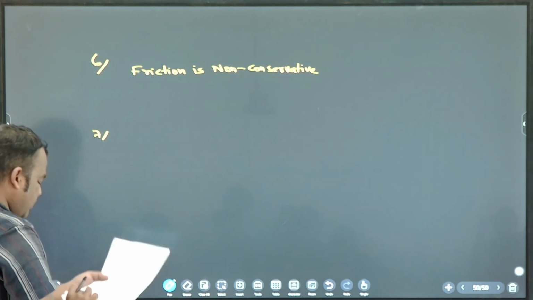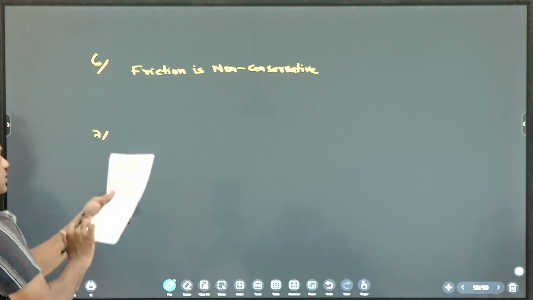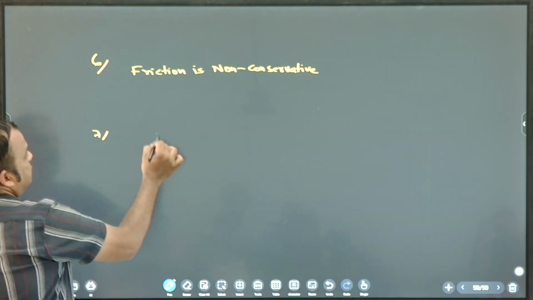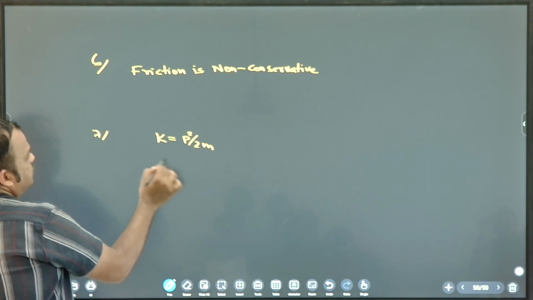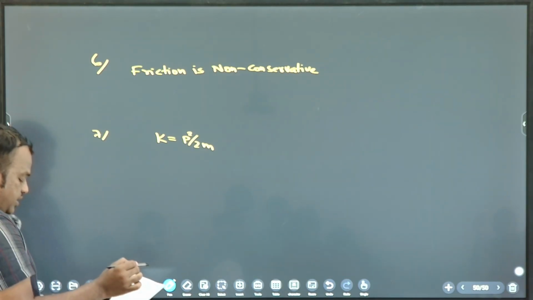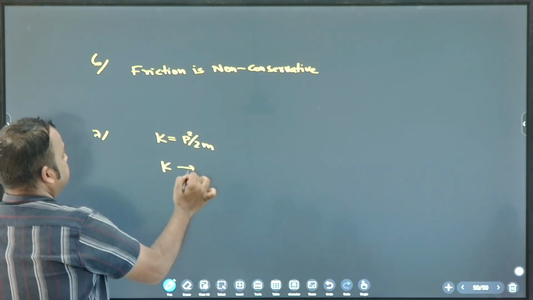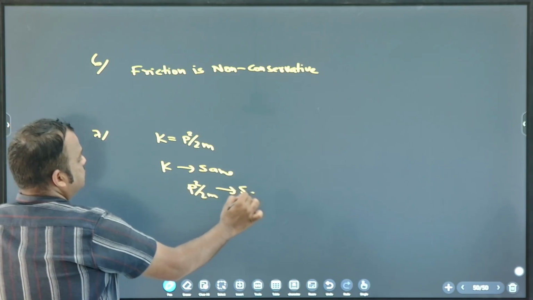Now two bodies of masses m1 and m2 have equal kinetic energies. Their momenta are p1 and p2, find the ratio p1 by p2. So K is equal to p square by 2m. The kinetic energy is the same, so p square by 2m is the same.